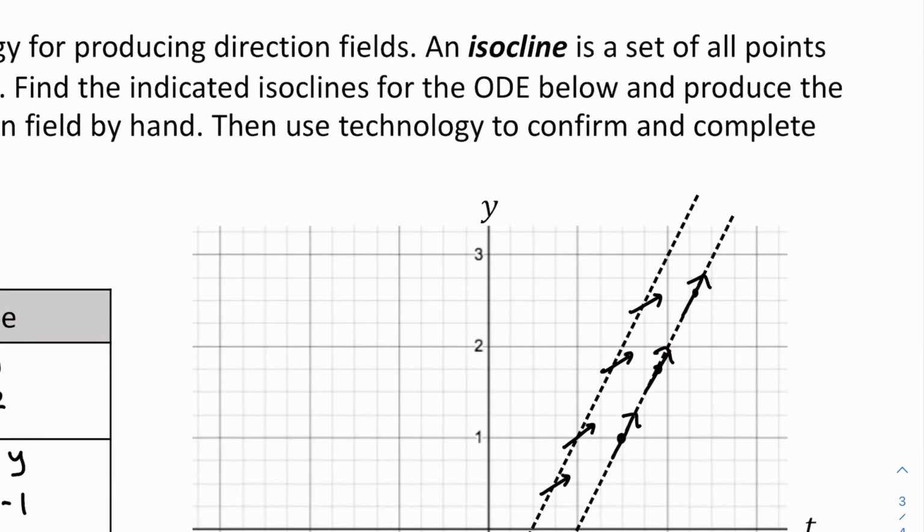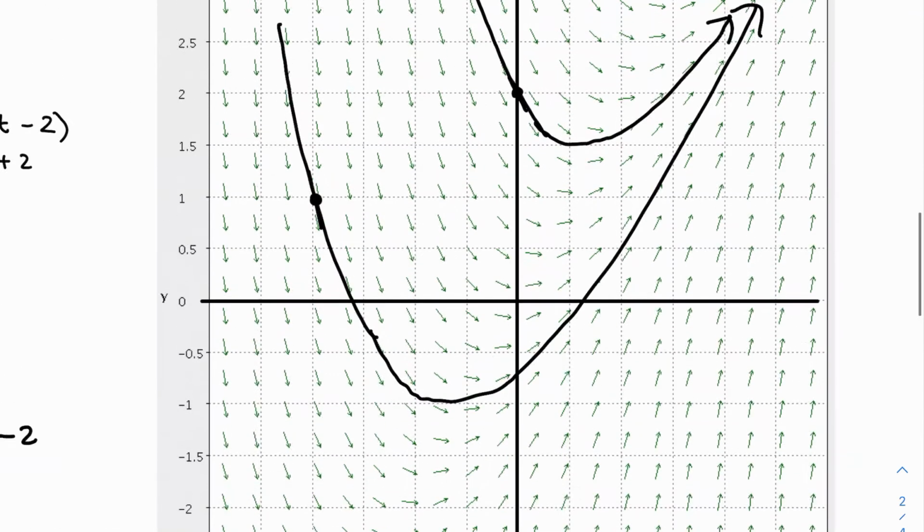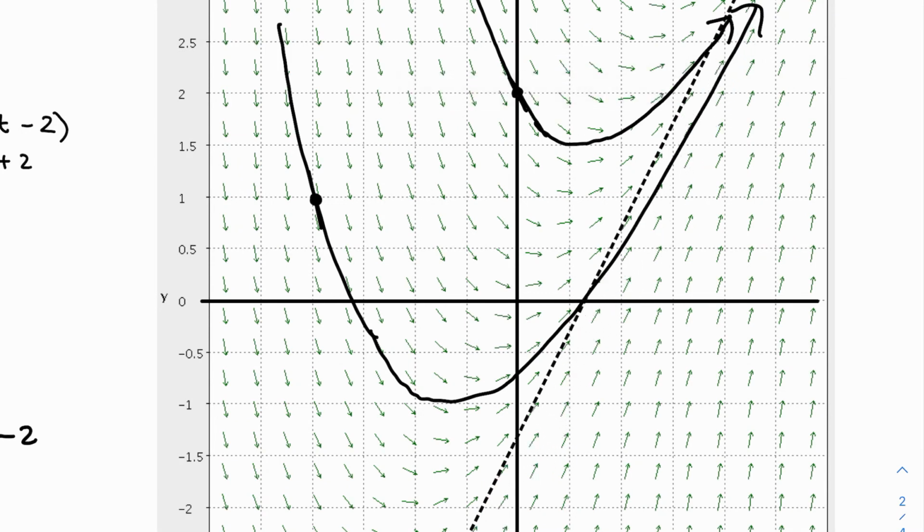Okay, let me copy this isocline back up to this image. There we go. Now notice what's happening here: as solutions pass through this dotted line, they do so at a steepness of 1.